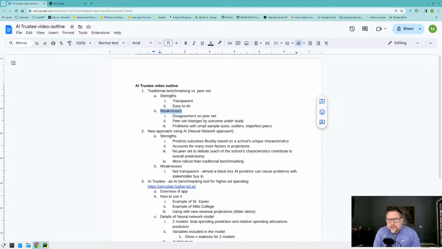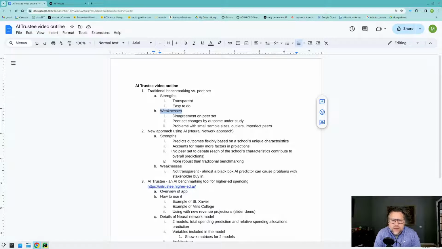Another issue you're going to face in traditional benchmarking is that if you're looking at, say, tuition revenue or recruiting outcomes, that might be a different peer set than if you're looking at spending allocations. The peer set should vary with the outcome that you're looking at to some degree, depending on whether you're going to include competitors or just similar peers that have similar financial structures.